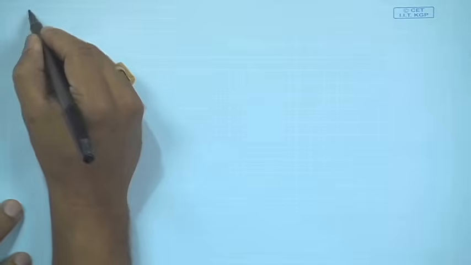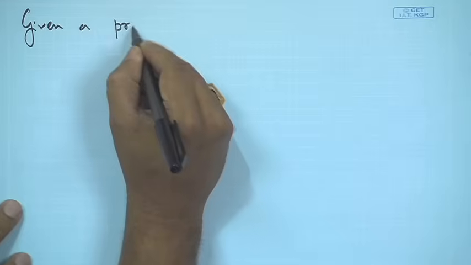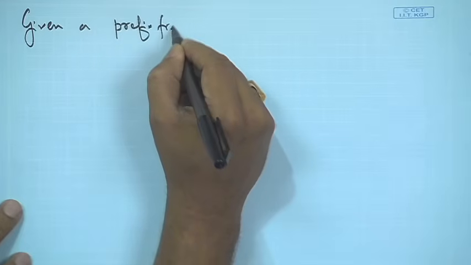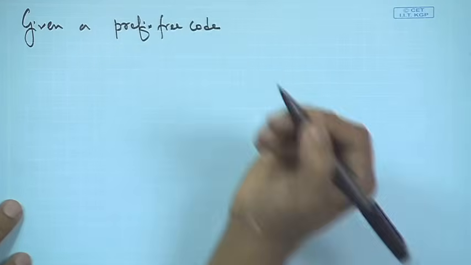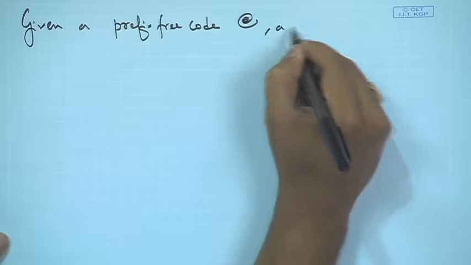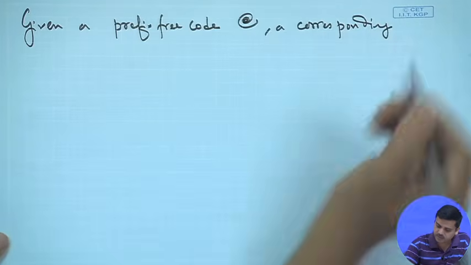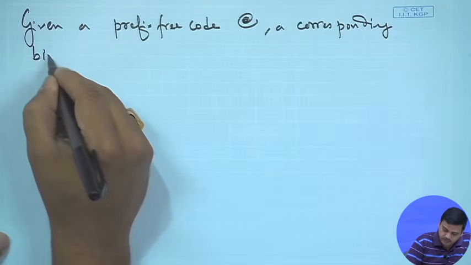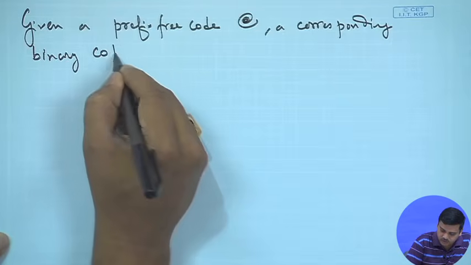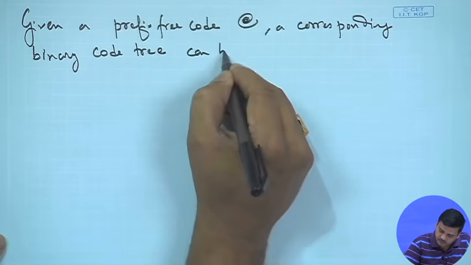So, we can move on further and we would like to clarify that given a prefix free code C, a corresponding, this is important, let us define it first and then we will explain, a corresponding binary code tree can be defined.